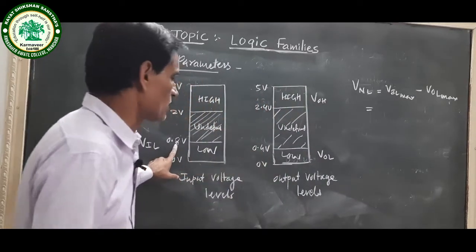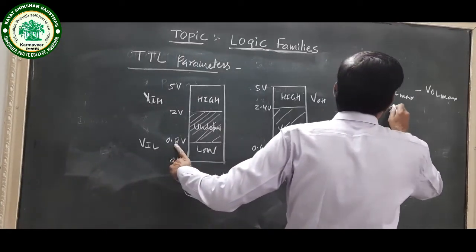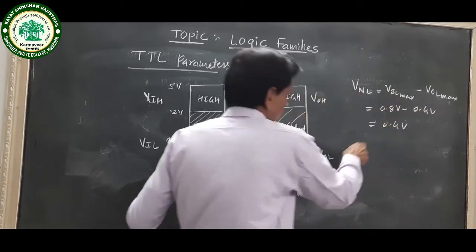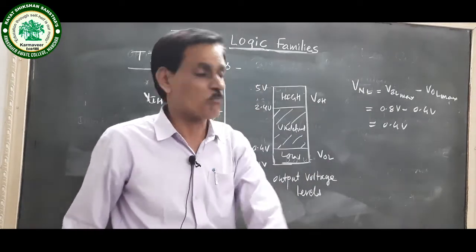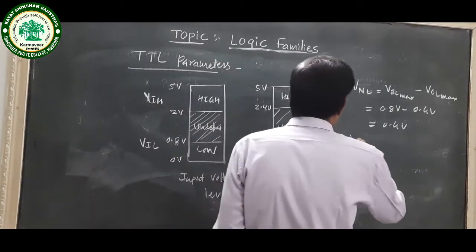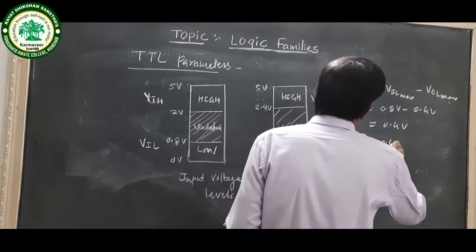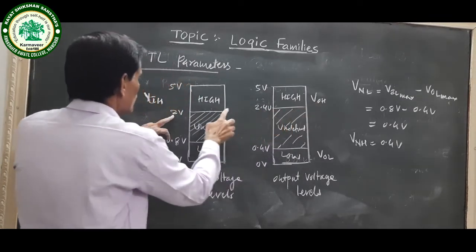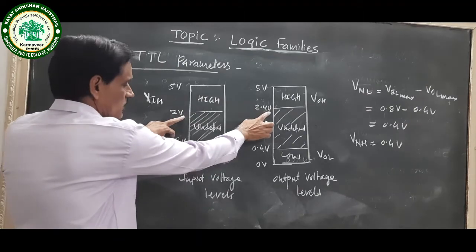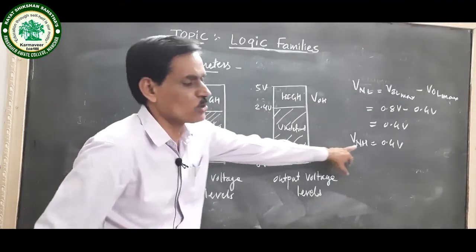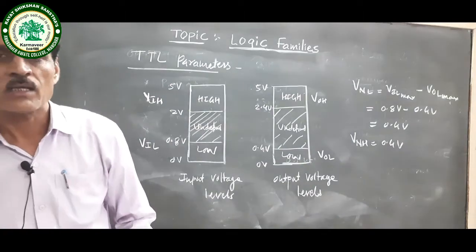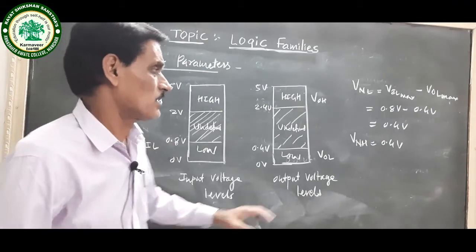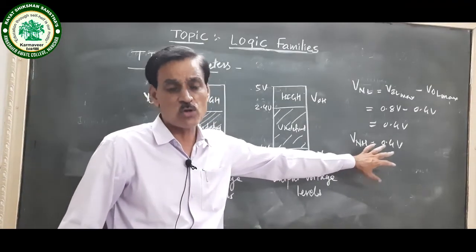Now if you put in these values, you get 0.8 volt minus 0.4 volt, which means a low noise immunity of 0.4 volt. Similarly, you can prove that the high noise immunity of the circuit is the difference between VOH minimum and VIH minimum, meaning 2.4 volt minus 2 volt, again 0.4 volt. What it indicates is that TTL devices will tolerate maximum noise, or the noise margin value, of 0.4 volt.